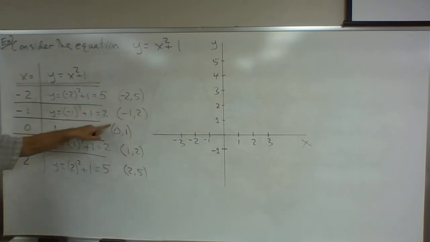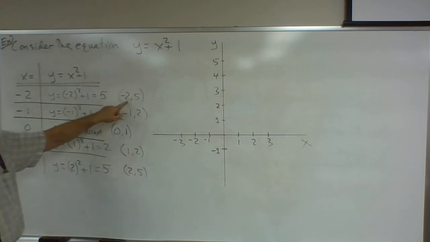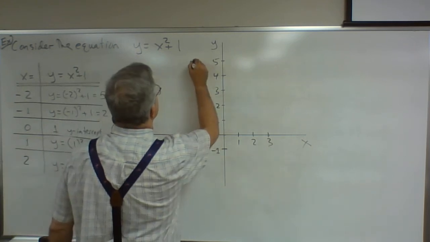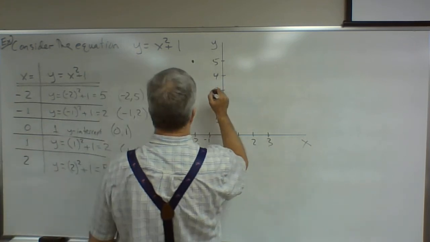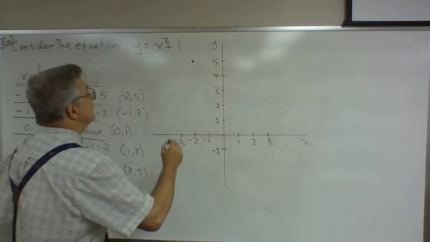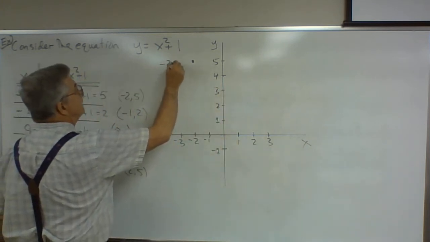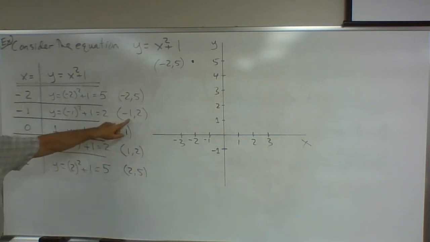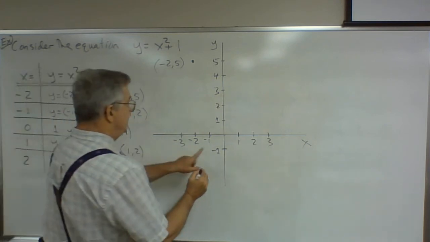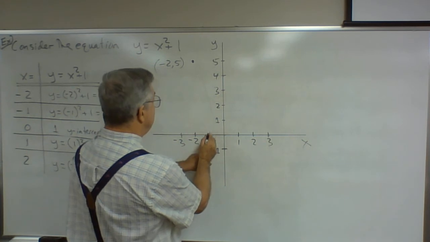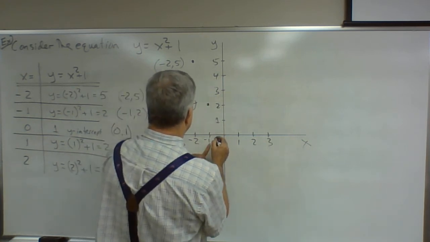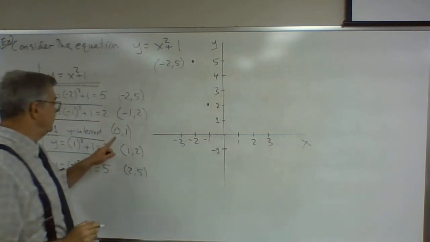These are the points that we're going to plot. -2, 5. That looks good. x is -1, y is 2. Here's -1 on the x-axis. There's y equal 2. Yep, looks good.